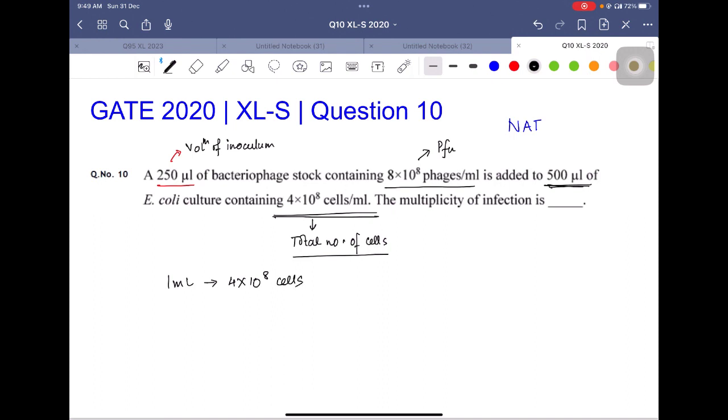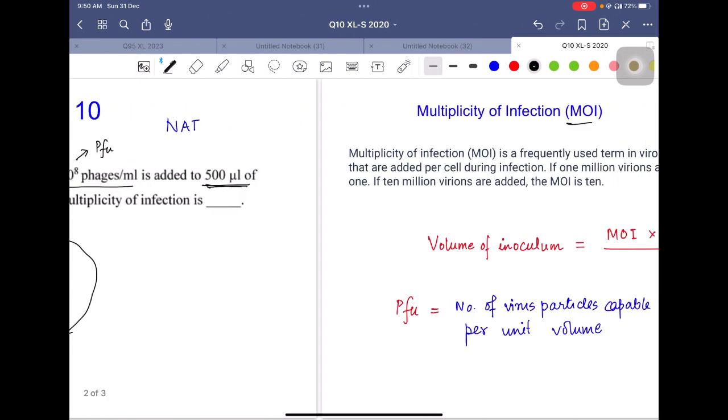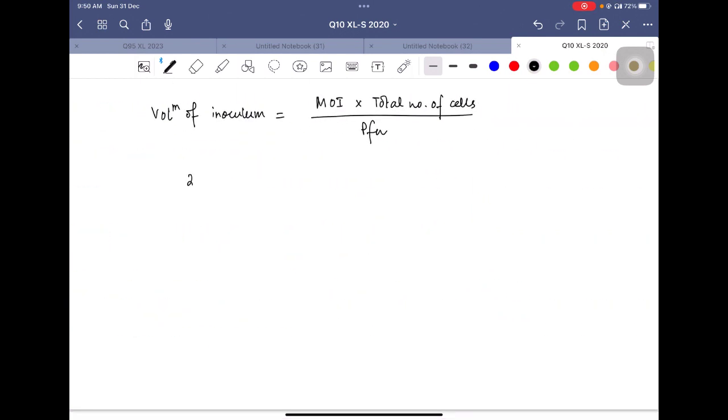If we do the unitary method, 500 microliter, which is 0.5 ml, will contain 4 into 10 to the power 8 into 0.5 number of cells, which is 2 into 10 to the power 8 cells. So this is our total number of cells. Volume of inoculum is given as 250 microliter, so let us put that here.